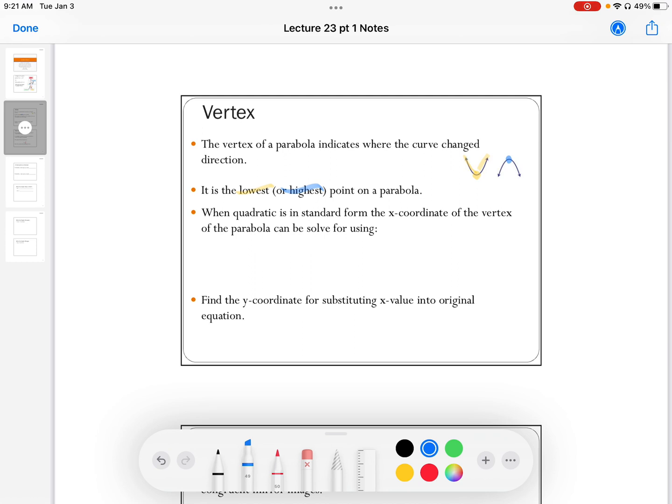When our quadratic is in the standard form, and that means y equals ax squared plus bx plus c, instead of a y there, you could have a 0 equals.